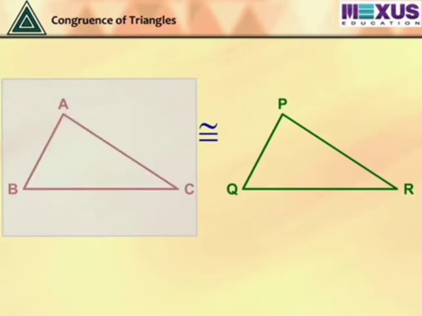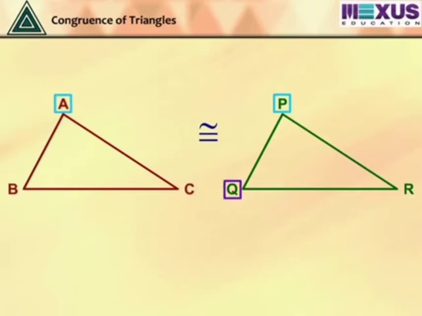See triangle ABC and triangle PQR. A corresponds to P, B corresponds to Q, and C corresponds to R. That means AB equals PQ, BC equals QR, and AC equals PR.